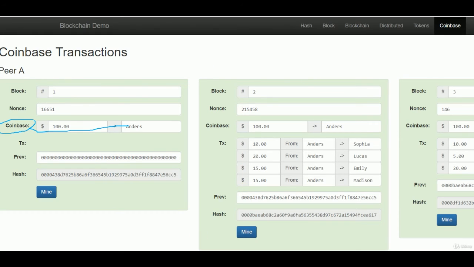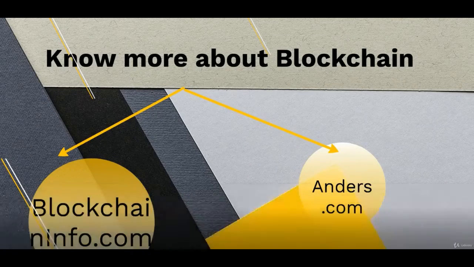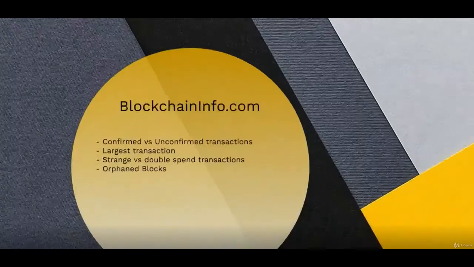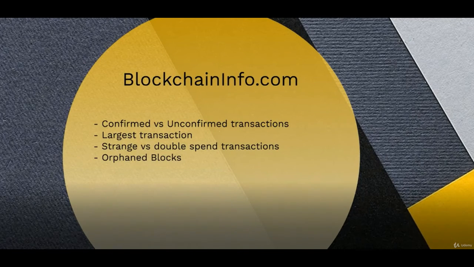Anders is explaining everything about what the hash is and how a hash is generated. In the previous video we saw Anders.com. Now we are going to learn more about another blockchain website called Blockchain Info.